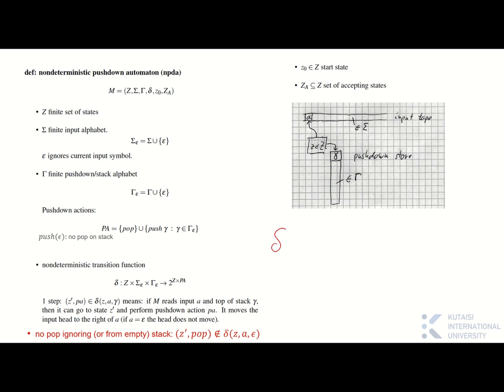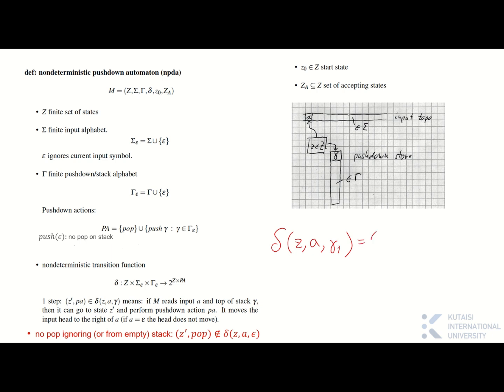If I have delta, let's say in state z, my symbol that I'm reading is A, and the symbol on the stack is gamma 1, so top of my stack is gamma 1. A is the symbol on the tape, and I'm in state Z.